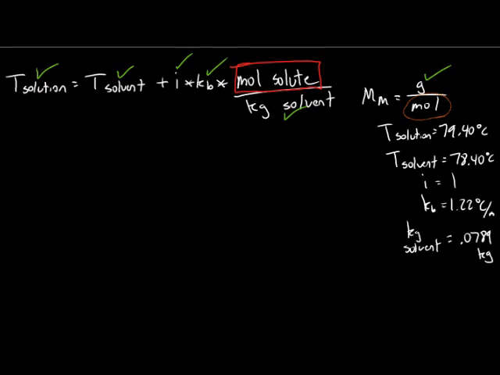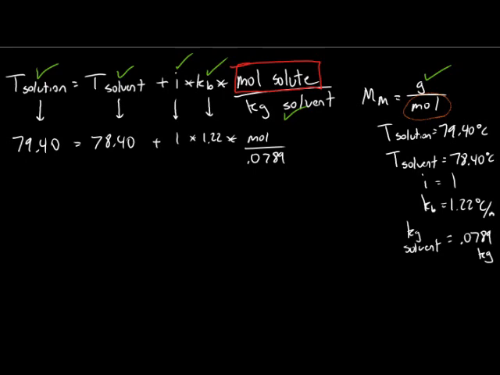Now that we've collected all the information we need, let's place our numbers into the equation. The boiling point of the solution was 79.40. The boiling point of the solvent was 78.40, plus i, which was 1, times Kb, which is 1.22, times the moles that we don't know, divided by our kilograms of solvent, which were 0.0789.